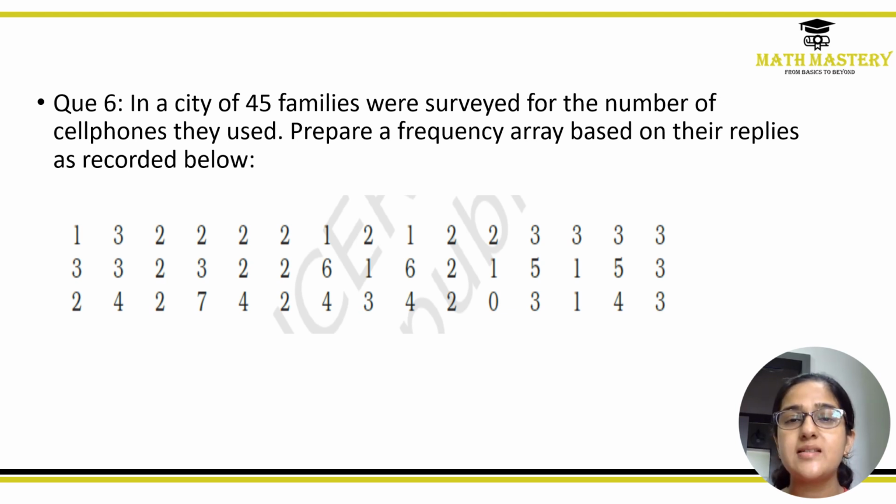In this case, the number of cell phones ranges from 0 till 7. So we will take the number of cell phones as the variable, and we will calculate the frequency of this variable.